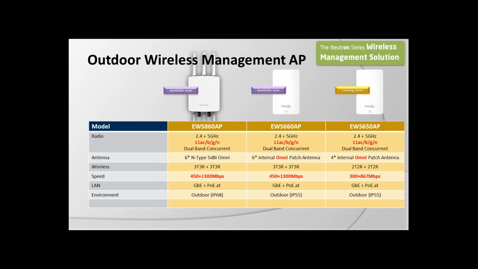And I think at the end of this month or end of next month, the EWS650 access point will also be available. This is a 2T2R version of the 660, so it would be a little more cost efficient to fit deployments where you are limited with your budget.